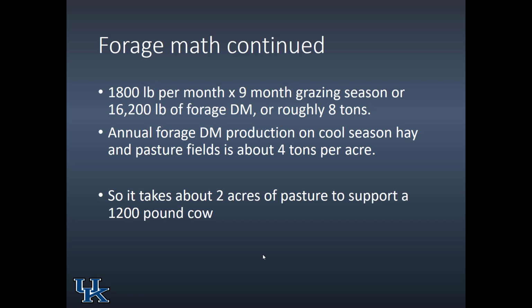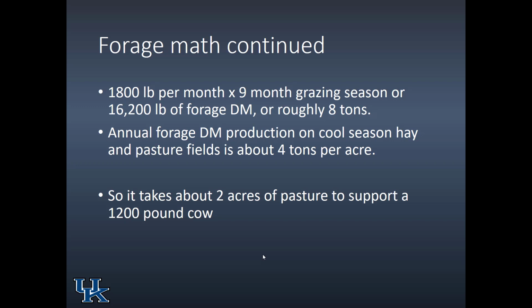Continuing with that scenario, we've got 1,800 pounds per month times a 9-month grazing season, or about 16,200 pounds of forage dry matter, or roughly 8 tons of dry matter of pasture production available to that 1,200-pound cow for the grazing season.